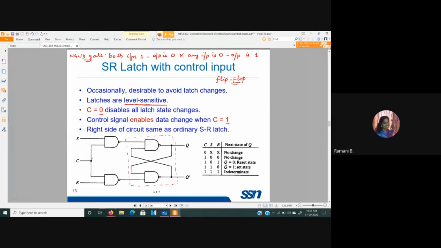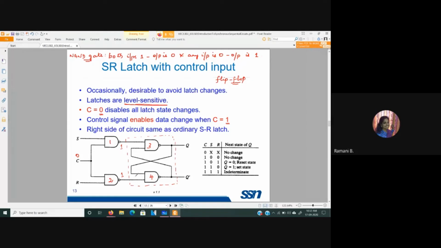So here when this C value is equal to 0, irrespective of my S and R value, let us number these gates 1, 2, 3 and 4. When C is equal to 0, irrespective of my S and R value, always the NAND gates 1 and 2 will give me the output to be 1, right? So what happens when this is going to be 1?